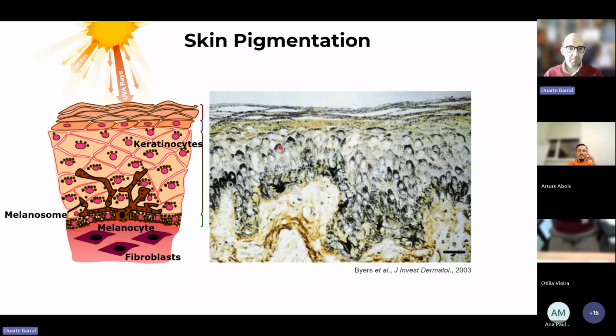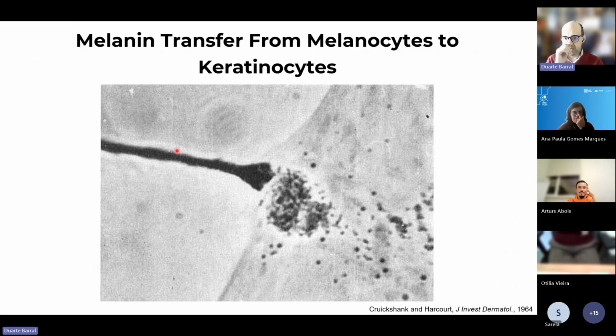We are focusing mainly on the crosstalk between the two cell types, melanocytes and keratinocytes, and how this crosstalk is important for skin pigmentation, especially in the process of the transfer of melanin from a melanocyte on the left to a keratinocyte on the right, and you see here the melanin granules.